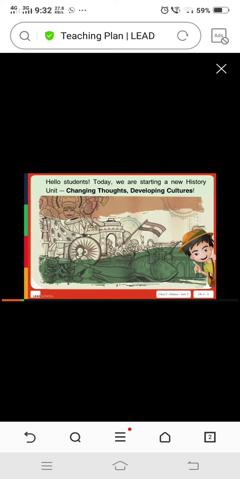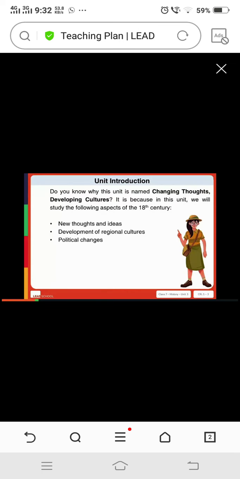Hello students, today we are starting a new history unit, Changing Thoughts, Developing Cultures. Do you know why this unit is named Changing Thoughts, Developing Cultures? It is because in this unit we will study the following aspects of the 18th century: new thoughts and ideas, development of regional cultures, and political changes.